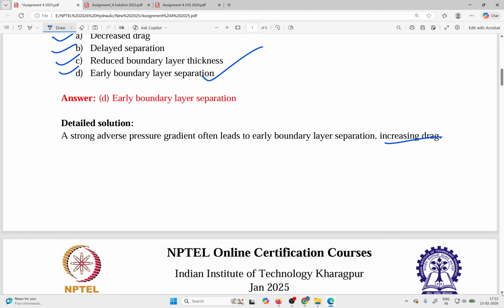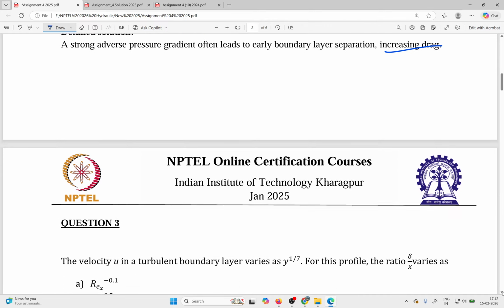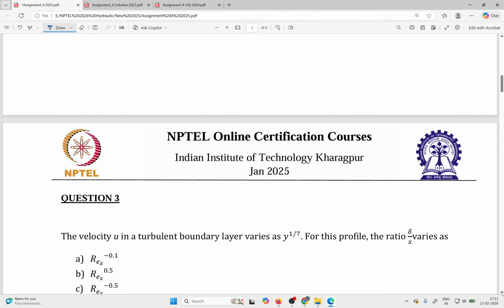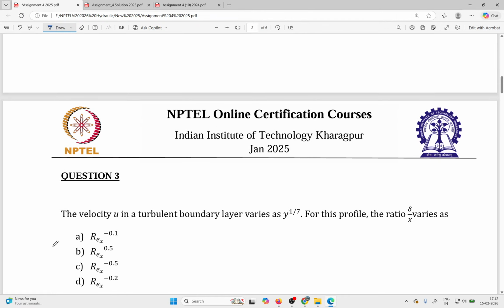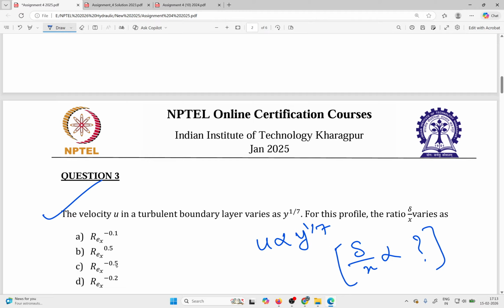Next is question number 3. Here the velocity u in a turbulent boundary layer varies as directly proportional to y to the power 1 by 7. For this profile, the ratio of delta by x varies as, you just have to tell the answer.